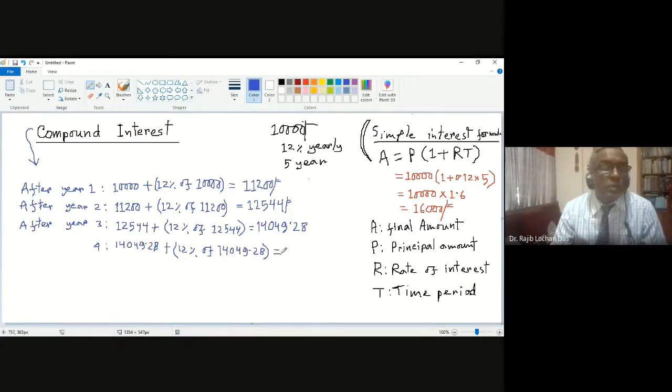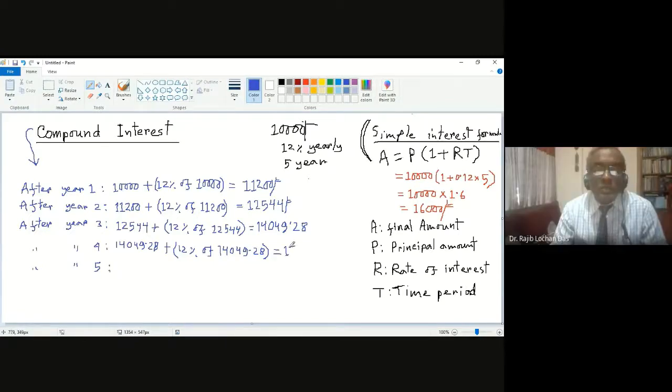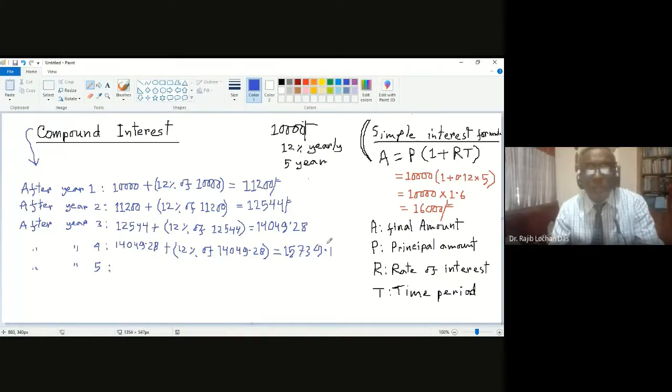So what will be the new amount? Sir, 15,735.19. Okay, so 15,735.19.